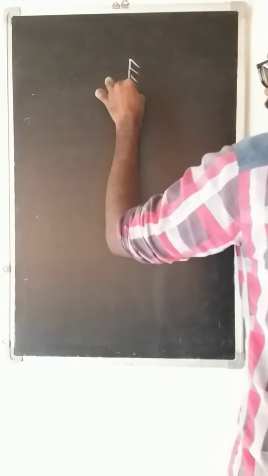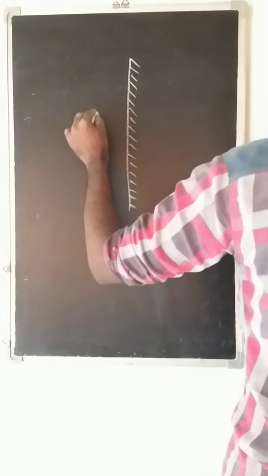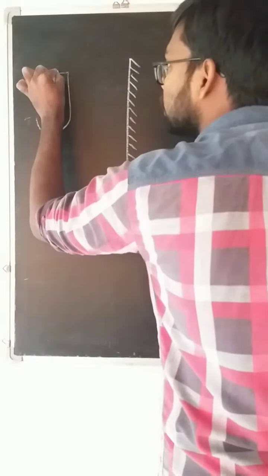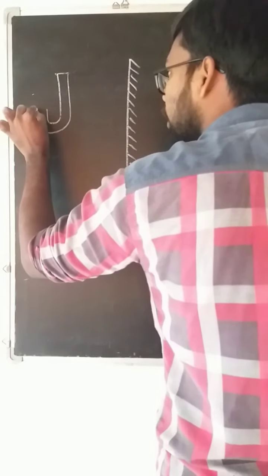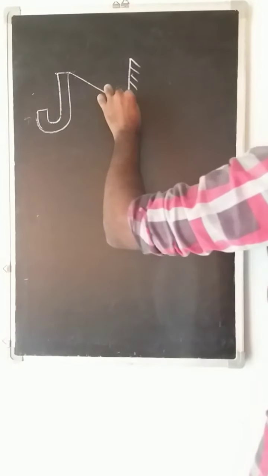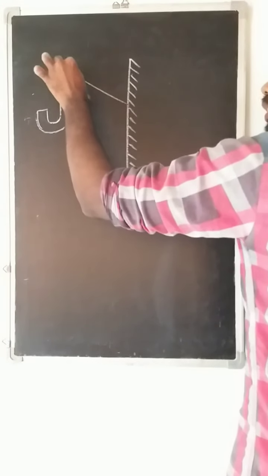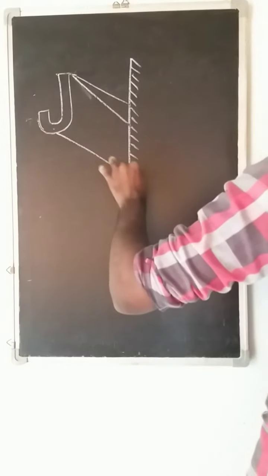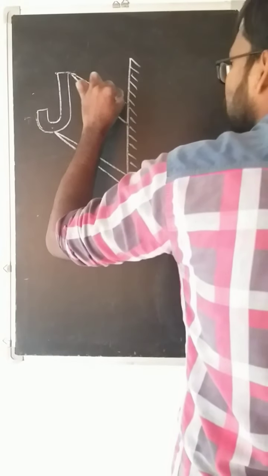this is the plane mirror, and if we take J as a word, this is the word J. Now, if a light ray is incident from the word J at the edge of the J word, and again it is incident from this position, so light rays will be reflected back in this position only.